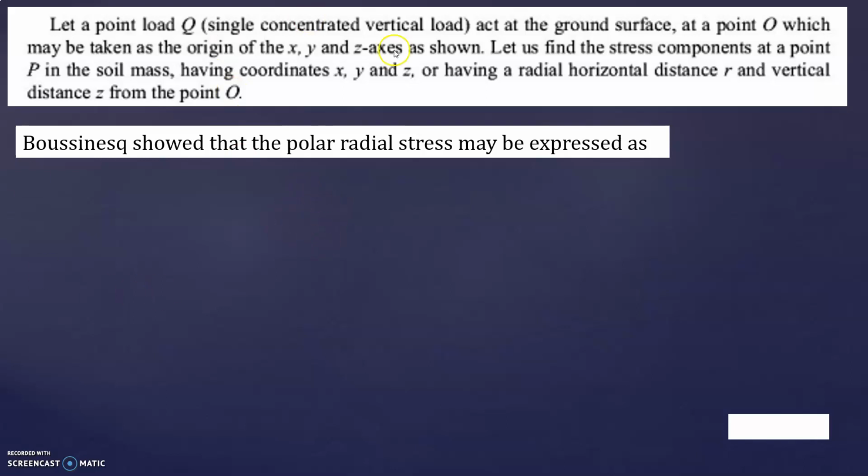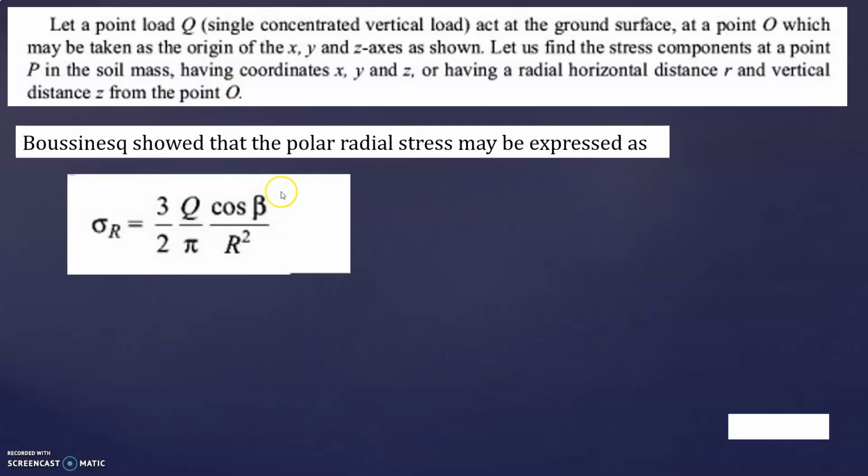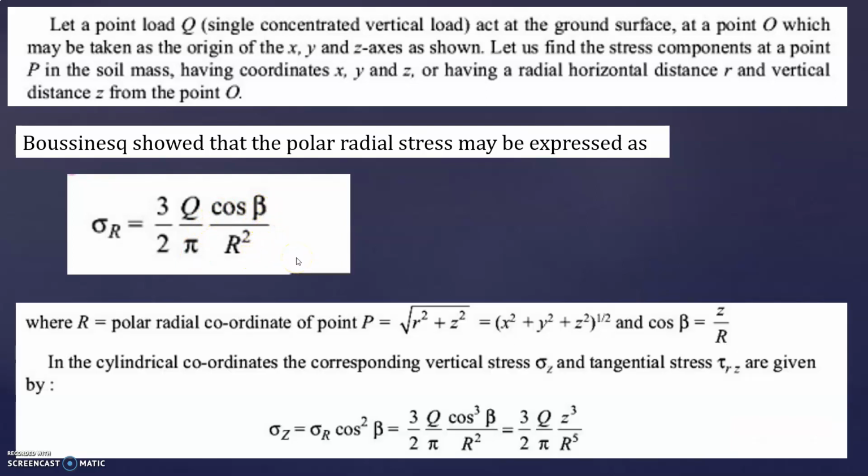Boussinesq showed that the polar radial stress may be expressed by this equation: sigma r equals 3 divided by 2 into Q divided by pi into cos beta divided by R square, where R is the polar radial coordinate of point P, that is equal to square root of r square plus z square, that is equal to (x square plus y square plus z square) to the power half, and cos beta equals z divided by R. In cylindrical coordinates, the corresponding vertical stress sigma z and tangential stress tau rz are given by these equations.